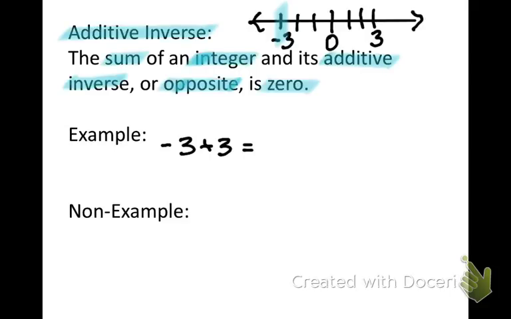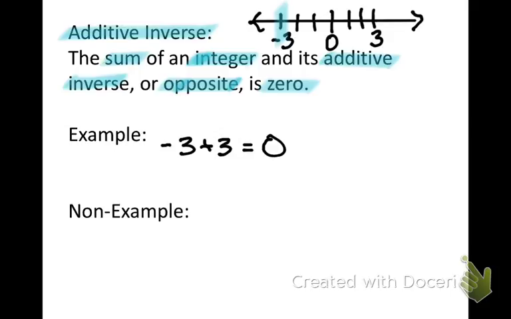We always start with our first number, and in this case our first number is -3. Now we're adding, so that means we're going to go to the right of our number line, adding a positive 3. So we're going to move to the right. 1, 2, 3. We ended up at 0.